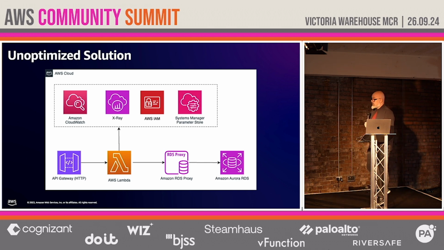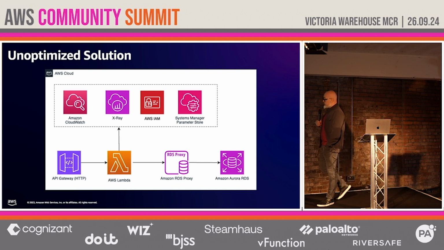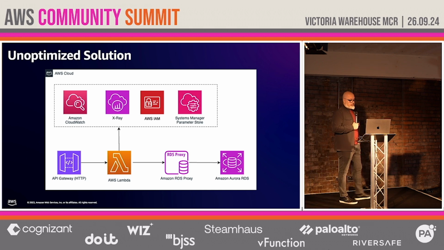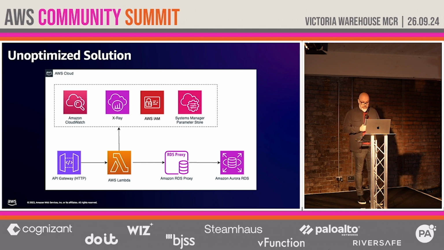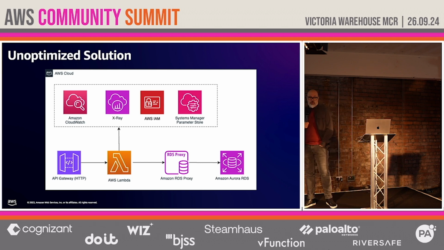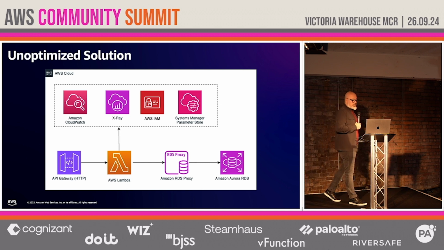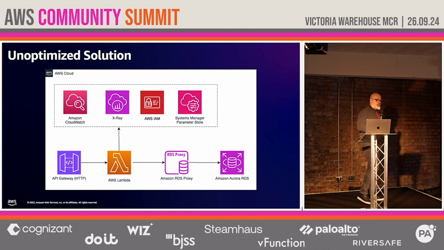We are working inside a VPC here, so we have a Lambda that is VPC attached to the specific private network that I created. I'm using RDS proxy and Amazon Aurora for storing my Postgres database and all the data related to NFL stadiums.